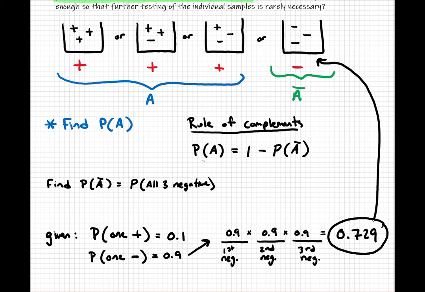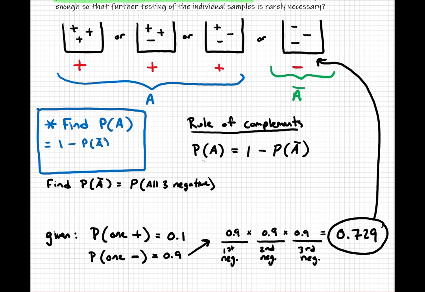So the probability of a positive result for the entire batch is 1 minus the probability of a negative result. And so that's what we're going to do here. To solve the problem, probability of A is equal to 1 minus the probability of not A, which is 1 minus 0.729.